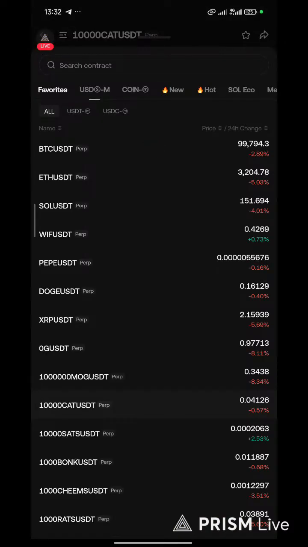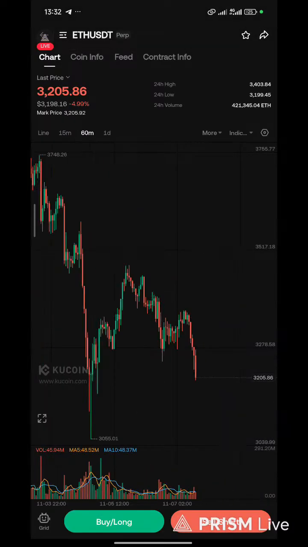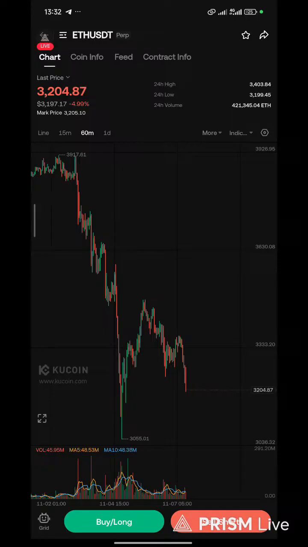You can decide to check another token. Let's check out the ETH that just broke 2000. Have you seen the market was retesting?